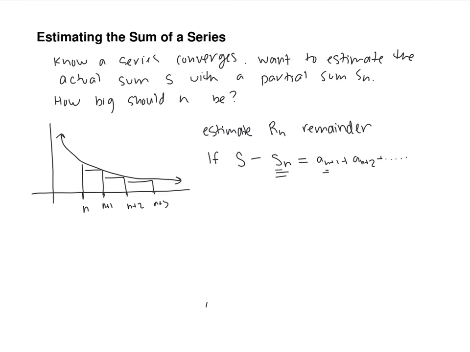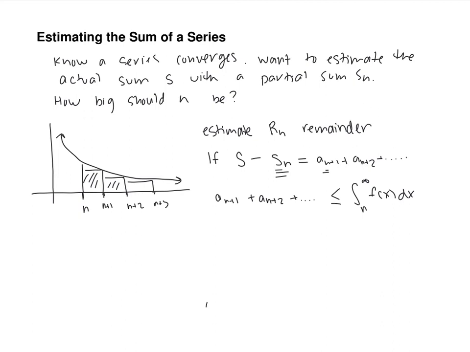And from this picture that I drew, you can see that a_{n+1}, that's the area of this box, plus a_{n+2}, that's the area of this next box. All that's going to be less than or equal to the integral from n to infinity of f of x dx.